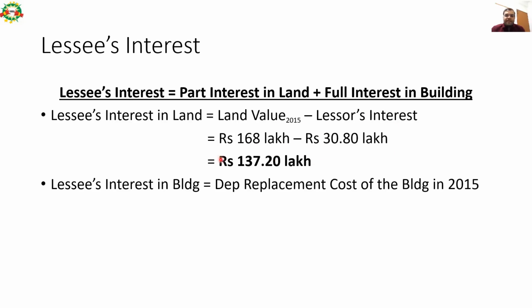So it gives us lessee's interest in the land, which is equal to 137.20 lakhs. Lessee's interest in the building is the depreciated replacement cost of the building. We discussed this definition in the first session, chapter number 8, part 1, session 1. So in this particular case we will calculate how to compute the depreciated RCN.